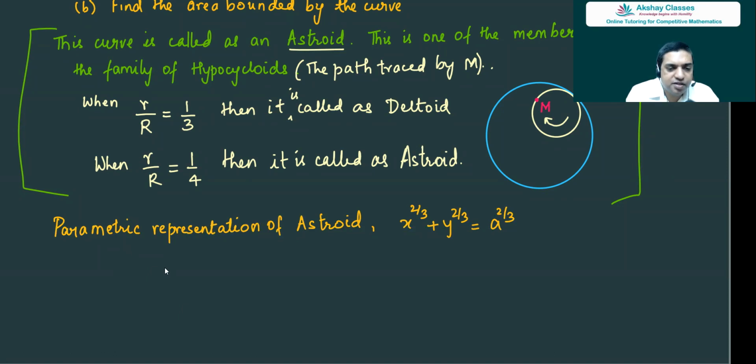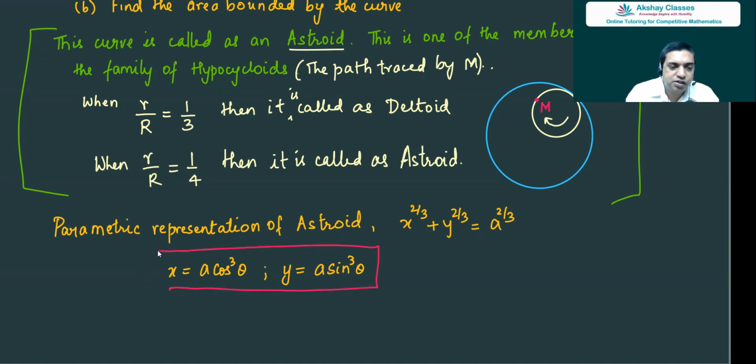The parametric representation will be x is equal to a cos cube theta, y is equal to a sine cube theta. When you substitute this, we get a to the power 2 by 3 times cos square theta plus a to the power 2 by 3 times sine square theta. When you add up, you will get a to the power 2 by 3. So this is the parametric representation of an asteroid.